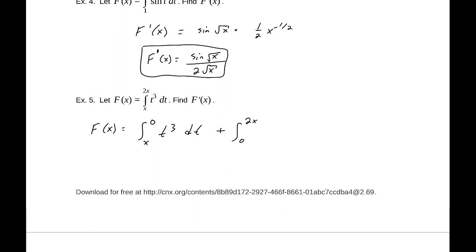We can split it by any value we would like. It just so happens that 0 is a convenient splitting value. Now we're going to switch integrals. We want the x limit as the upper limit. So this will be negative the integral from 0 to x of t cubed dt, plus the integral from 0 to 2x of t cubed dt.